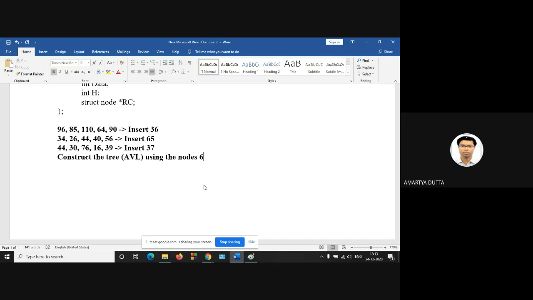So the nodes are, let us say, 64, 1, 14, 26, 13, 110, 98. Can you construct the tree? Should I explain the construction?